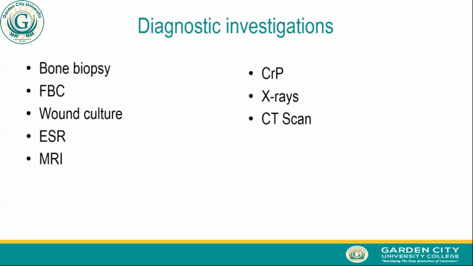So why bone biopsy, wound culture, ESR, CRP, and the differences between the ESR and the CRP as well. And the differences between the wound culture and the bone biopsy, right? All right. And then the MRI and the CT scan as well. So why MRI, why CT scan, and the differences between the MRI and the CT scan. Okay, I think we can move on.